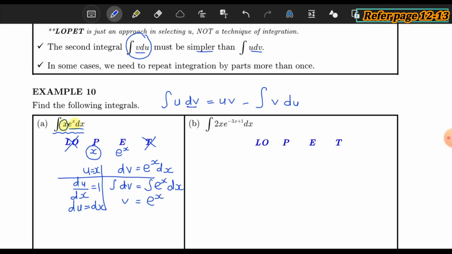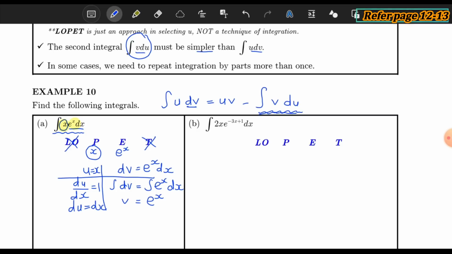And we can ignore plus c, the integral constant, because after this, we will integrate v du, and we will add plus c there.